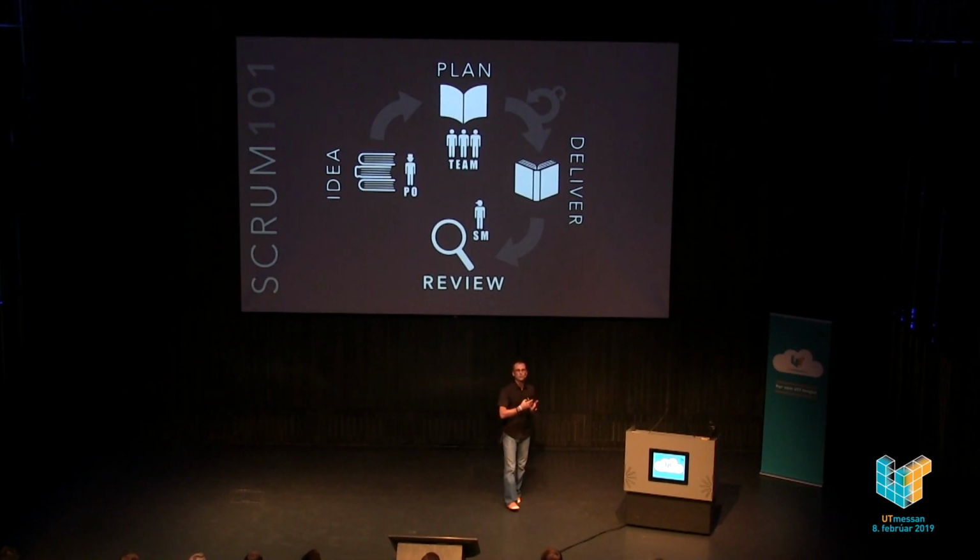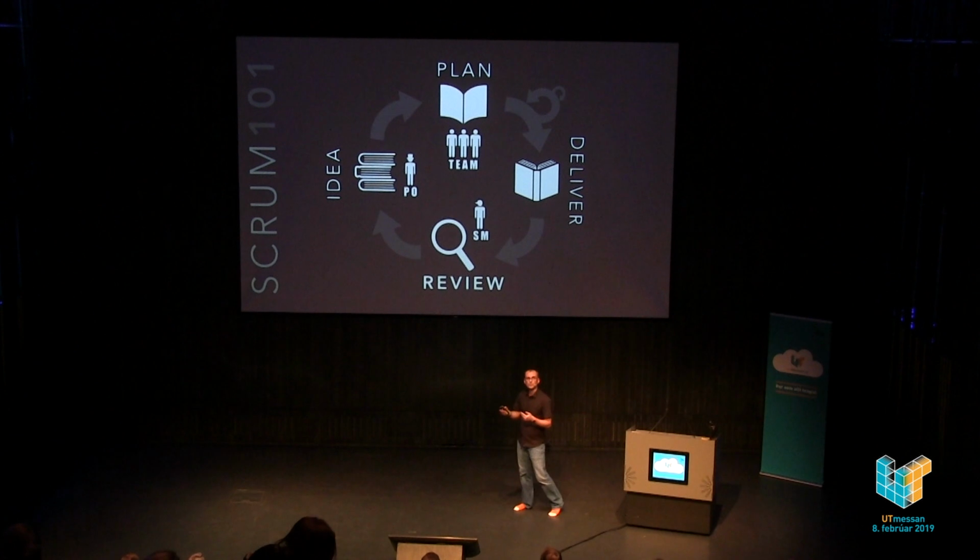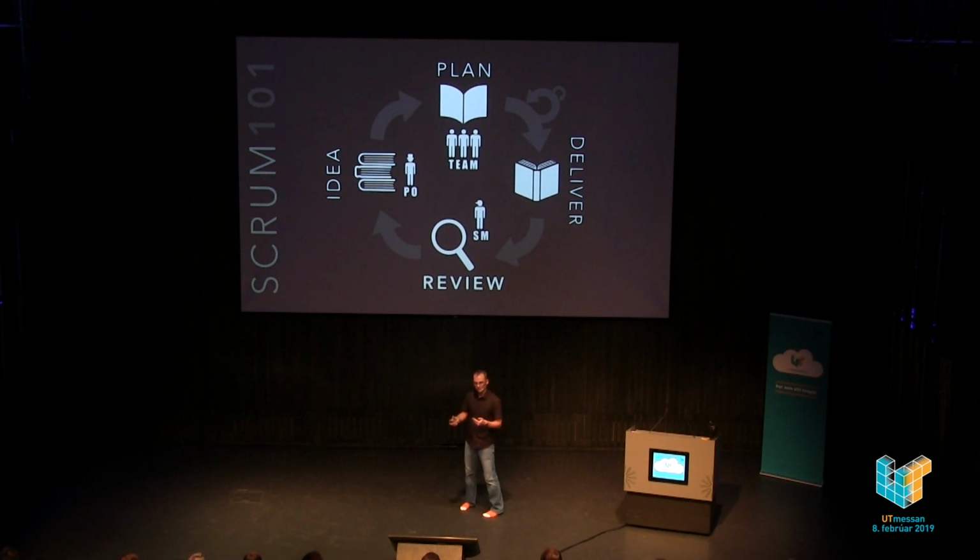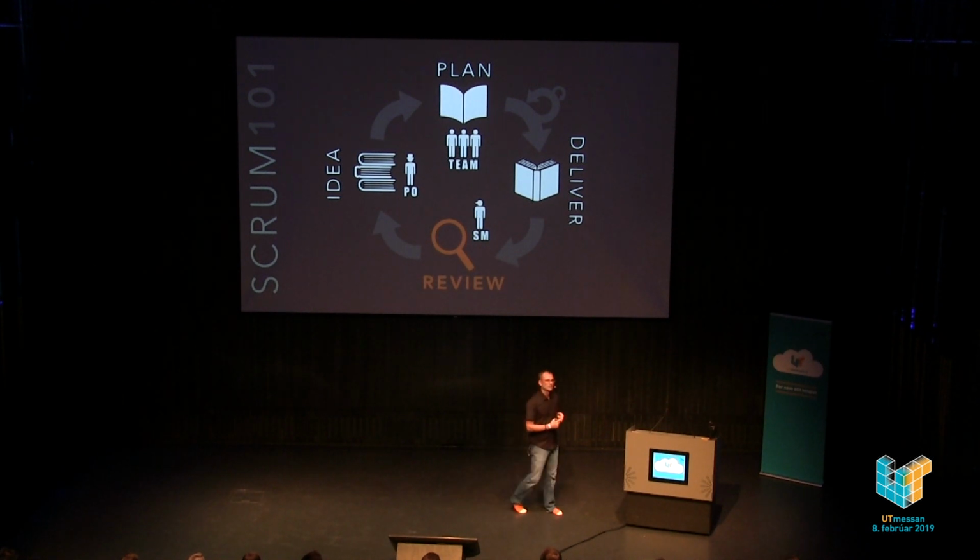What could we do better? What could we improve? What do we want to change? What do we want to try out? And then we feed that back into the loop, and it's a continuous circle where we're always trying to improve and try out new stuff. So the focus today will be here on the bottom, the review part.